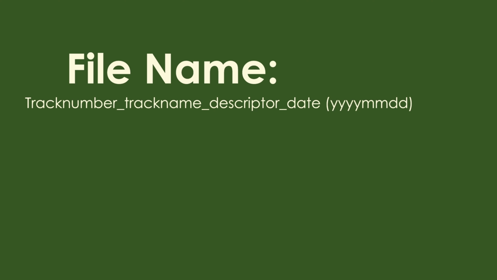And it's really useful, I think imperative actually, to use a system for your file name habits. The one that I use here goes track number, track name, descriptor, and date with an underscore in the middle. And this way, when it's in your file explorer, you're able to sort things very easily.